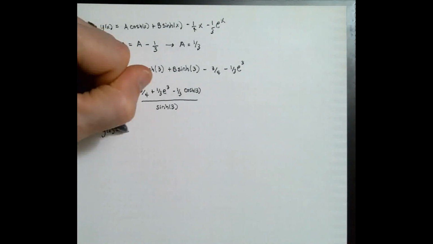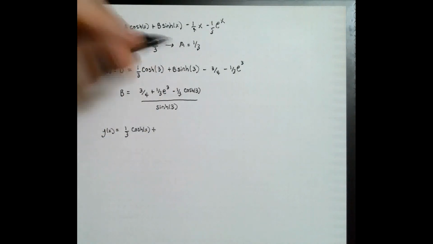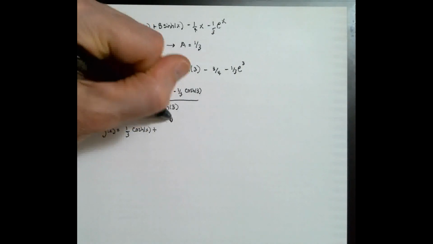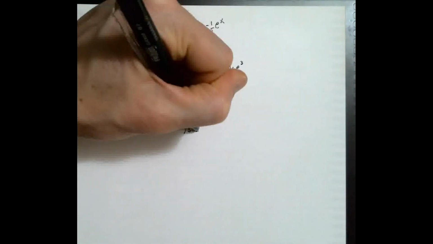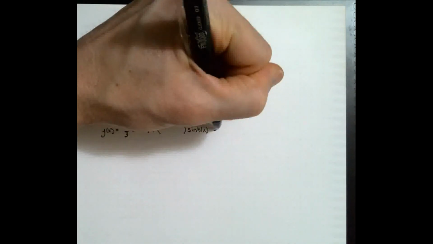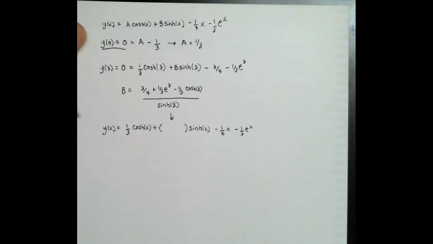We have y of x is 1/3 cosh of x plus that entire thing, I'm just going to put that in parentheses, times sinh of x minus 1/4 x minus 1/3 e to the x. And so now this solution satisfies both conditions, and it satisfies the differential equation that was initially given to us. And we can use this function now to evaluate your solution anywhere you'd like.